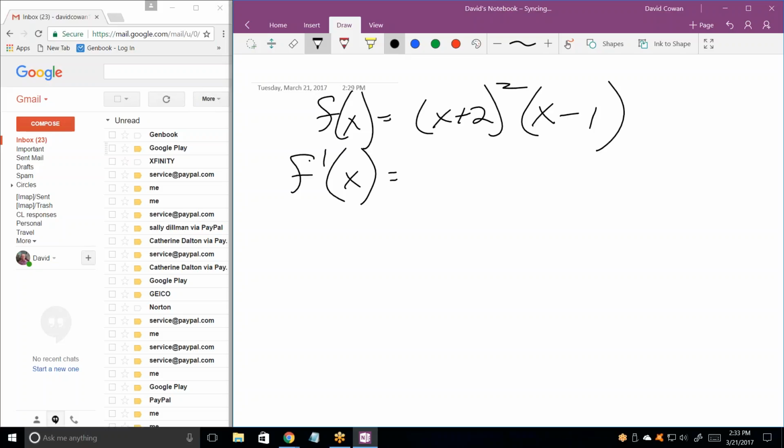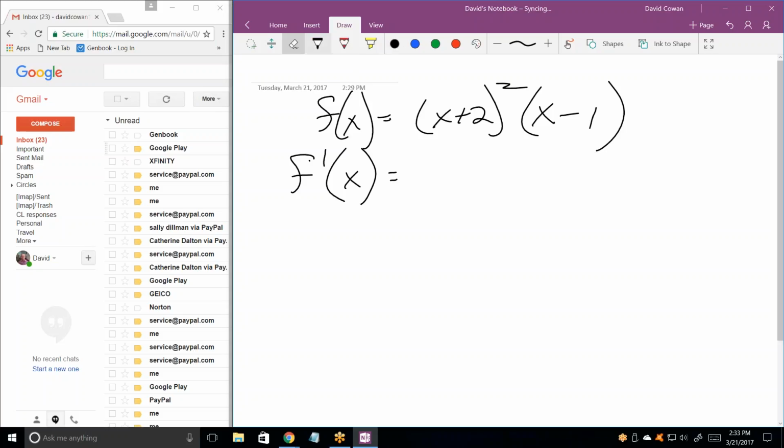In other words, the product rule is u prime v plus v prime u, but you can do these in either order. The problem I have with most students is I don't know which order they're going in. So what I usually tell them is do them in the same order. In other words, either take the derivative of that every time or take the derivative of that every time as your first step.